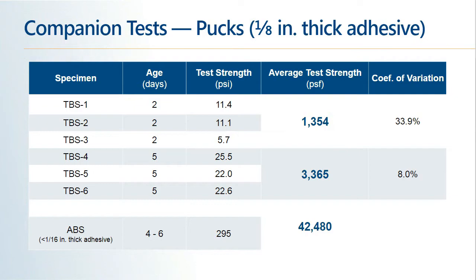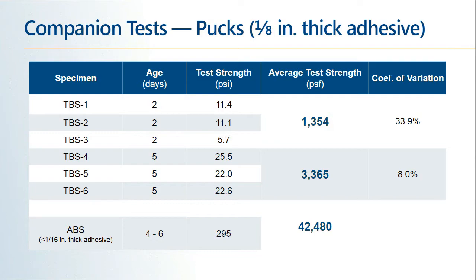So, for example, the TBS 1 and 2 were 11.4 and 11.1 PSI, respectively. That equates to an average of 1,354 pounds per square foot, with a coefficient of variation of 33.9%, because we have an outlier there that was 5.7%.